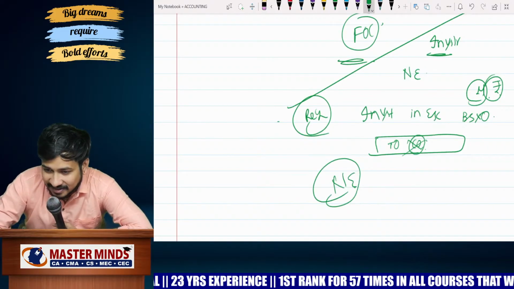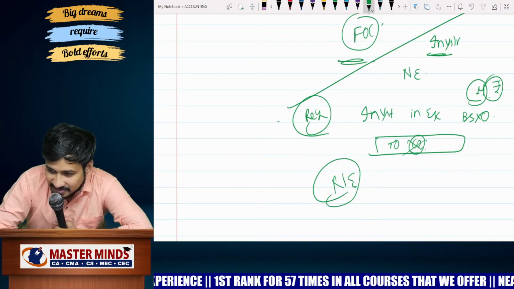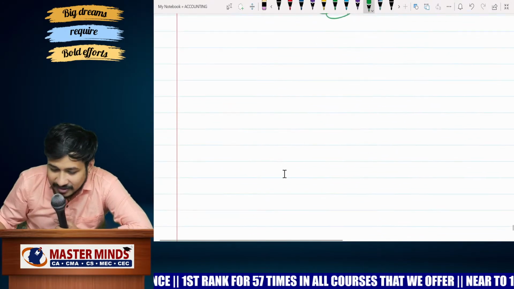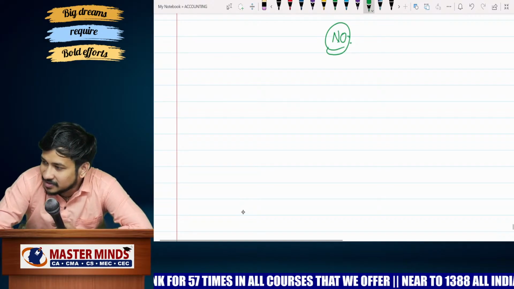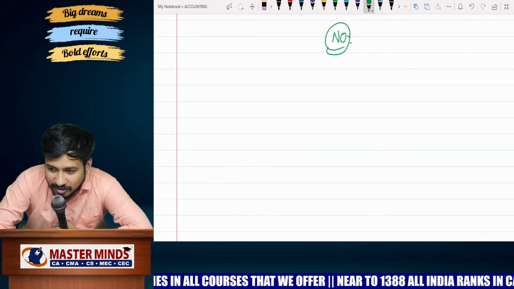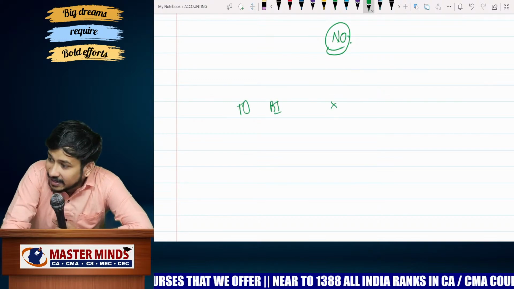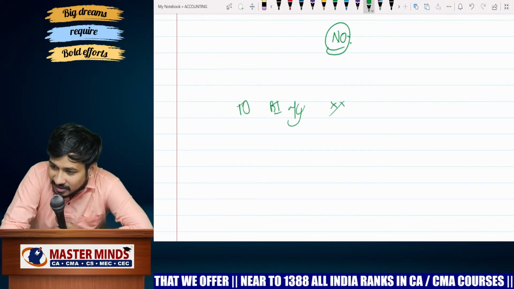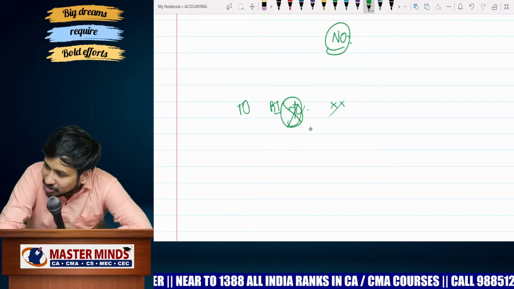But take care. With bonus, the number of shares increases. Am I correct or wrong? So it will be recorded in the number column. In the investment account, you have one column called number. Only in the number column you will record it by writing 'to bonus issue'. Take care, not 'to bonus issue account'. You should not write to bonus issue account.